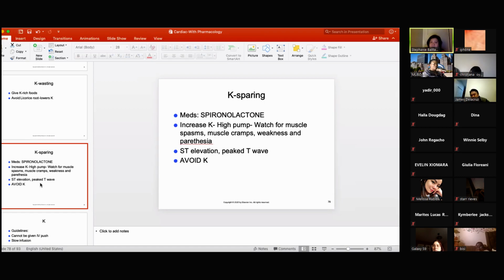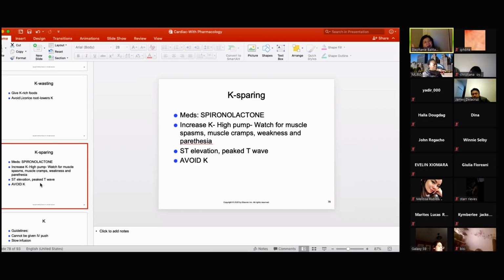spironolactone. We have to remember potassium again is a pump, right? So the higher the potassium, the higher the pump. When you think about pump, you're thinking about muscle spasms and muscle cramps. So with hyperkalemia, the higher the potassium, the higher the pump, you will have muscle cramps and muscle spasms.